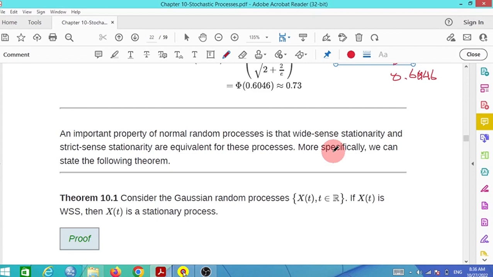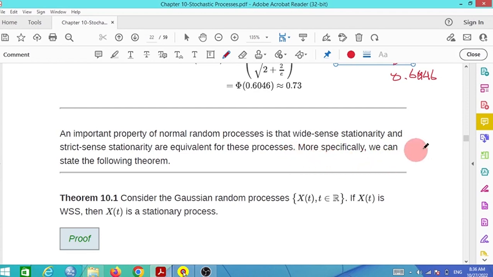But if X is not Gaussian, strictly stationary implies wide sense stationary, but the converse is in general not true.